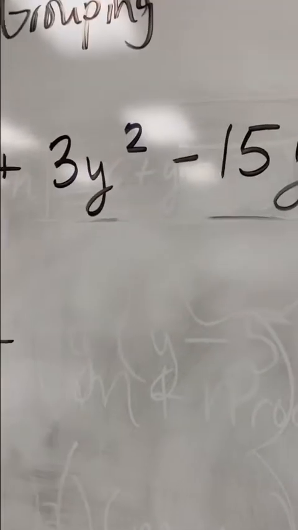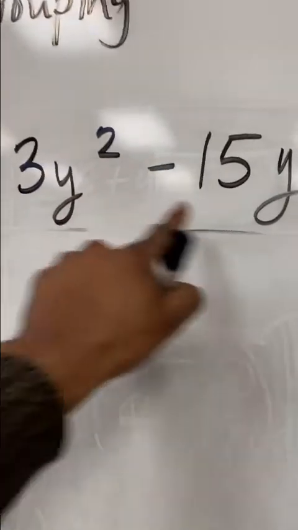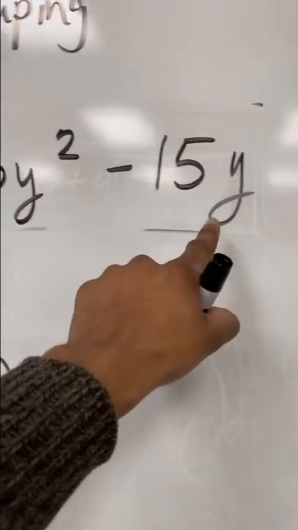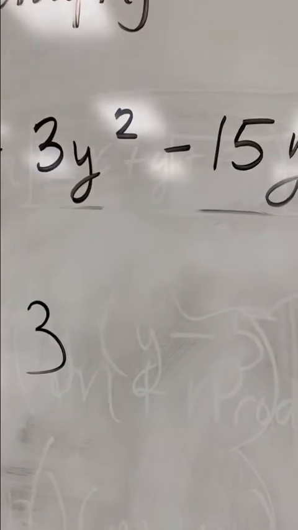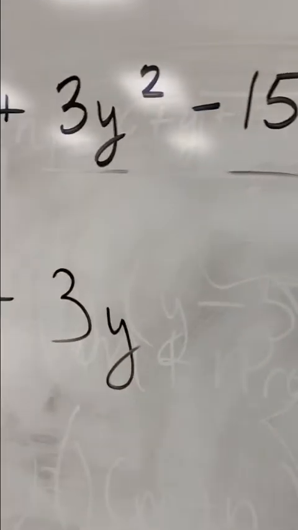All right, so here we go. I'm looking at 3y squared minus 15y. They have a 3 in common. That says y to the second power. That says y to the first, basically. So they have a single y variable in common.